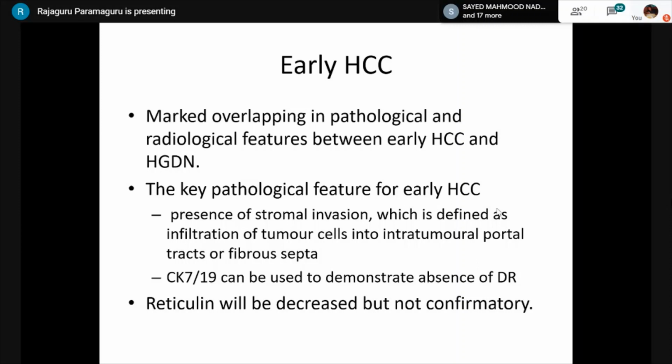That will prove that the particular nodule is an early HCC and not a high-grade dysplasia. That particular portal area should be devoid of ductal reaction. For that, you can use a CK7 and CK19 IHC to demonstrate that the ductal reaction is absent. And the reticulin stain here will also be decreased, but it is not confirmatory.